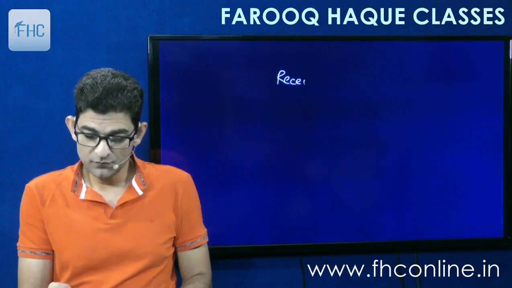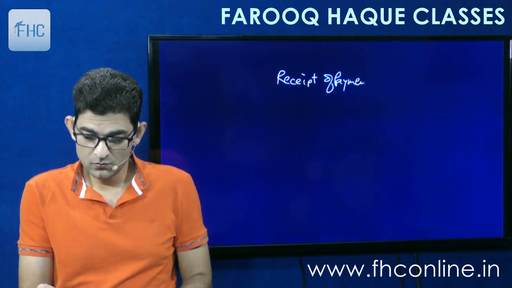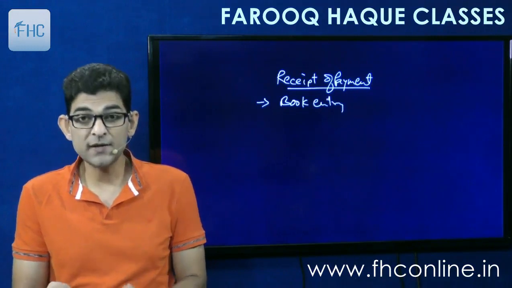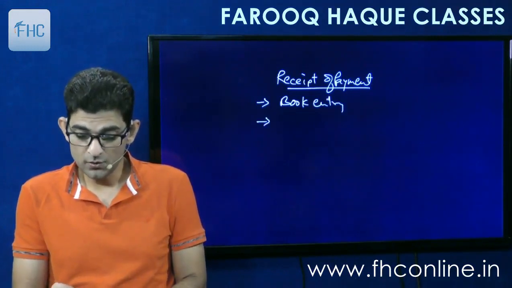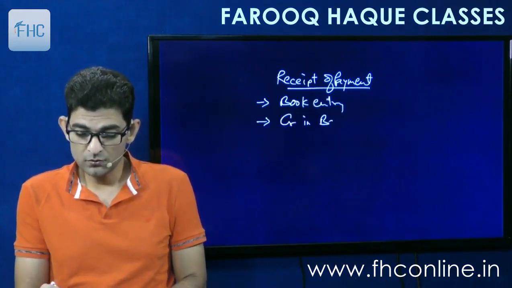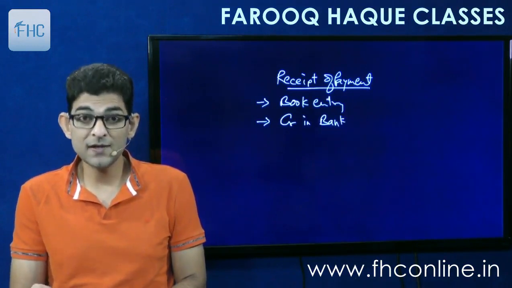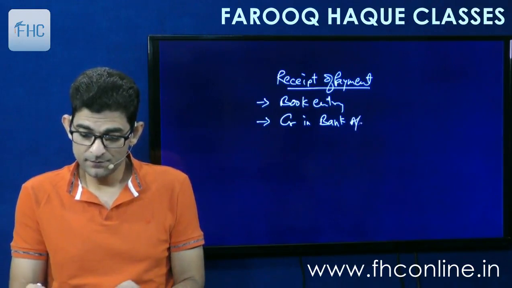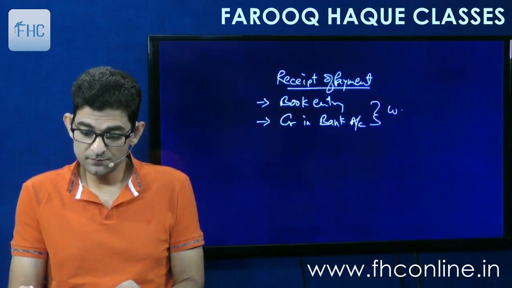What is the date of receipt of payment? The book entry, you give me a check and I make a book entry, or credit in bank account, the check goes into bank and it gets credited there, the actual realization of money, whichever is earlier.